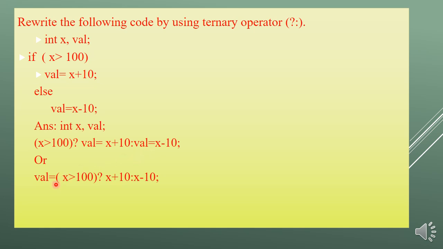Var equals x greater than 100 question mark x plus 10 colon x minus 10 semicolon. I think you have understood the logic and working of if-else statement and ternary operator.